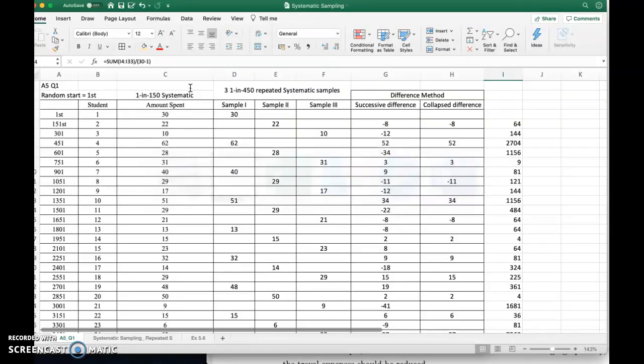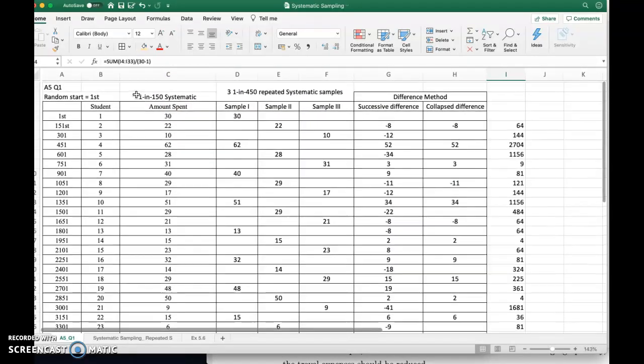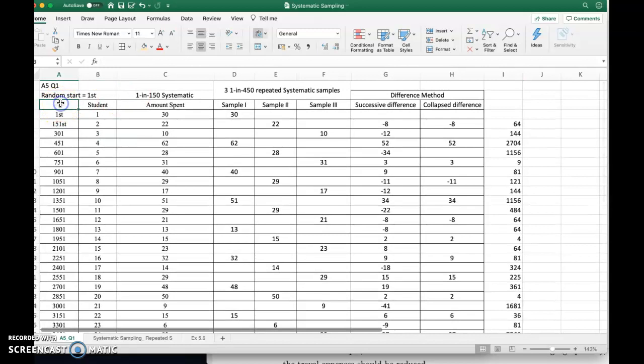Okay, so I'm going to put it into an Excel spreadsheet so that you can see how it works in the population. In the population we would have 4,500 students, but let's say I am going to collect one systematic sample, which is a 1 in 150 systematic sample. So the first student from the population, as the random start, is the first, would be that guy.